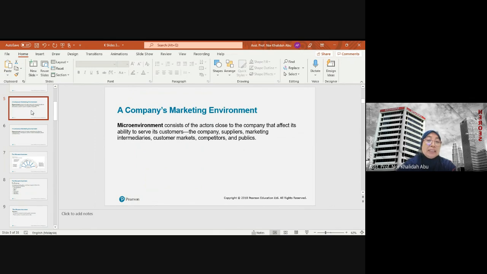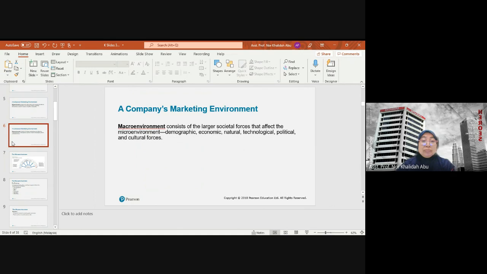So what are these actors that are closest to the company? It includes the company itself, and we'll talk about that, suppliers, marketing intermediaries, customer markets, competitors, and public. This is one of the things that we're discussing next. But before that, I would like to define the macro environment.